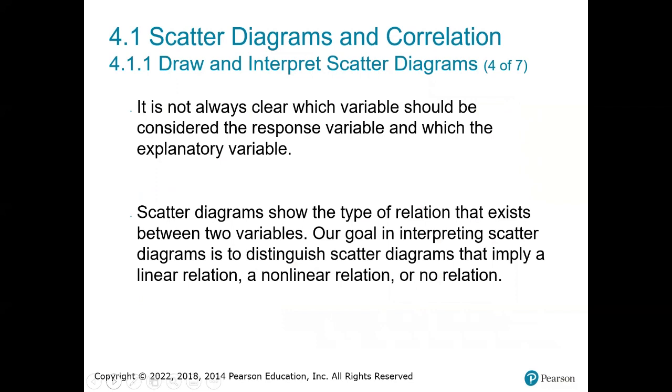Sometimes, like I said, it's not clear which variable should be your x and your y. Again, I'm always going to follow that general idea that x is your first variable and y is your second variable. That's how I'm always going to give you the data. Just know that scatter diagrams will show any type of relationship that exists or doesn't exist between two variables.